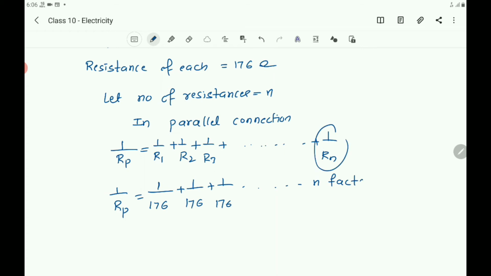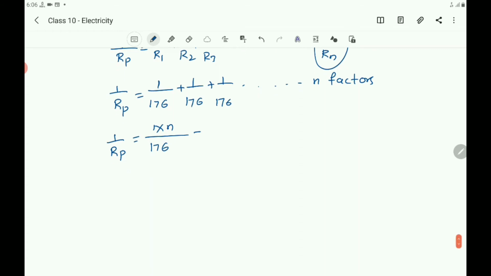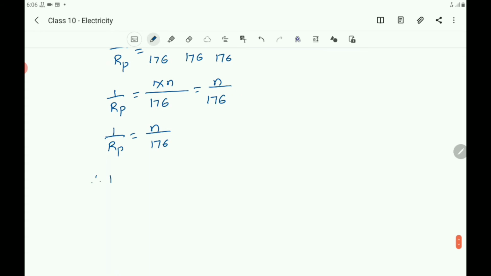So 1 by Rp equals 1 into n by 176, that is n by 176. Therefore 1 by Rp equals n by 176, and Rp, the total resistance in the parallel connection, is 176 by n.